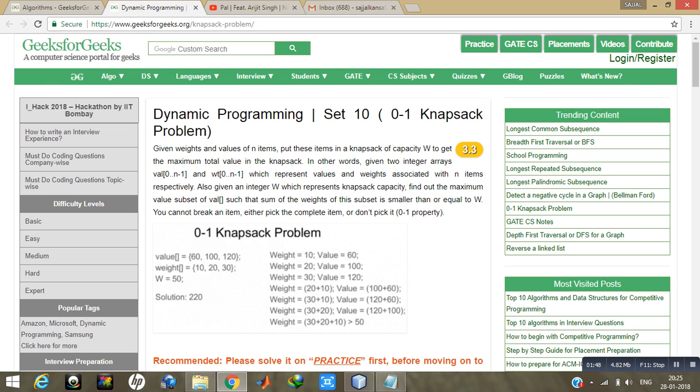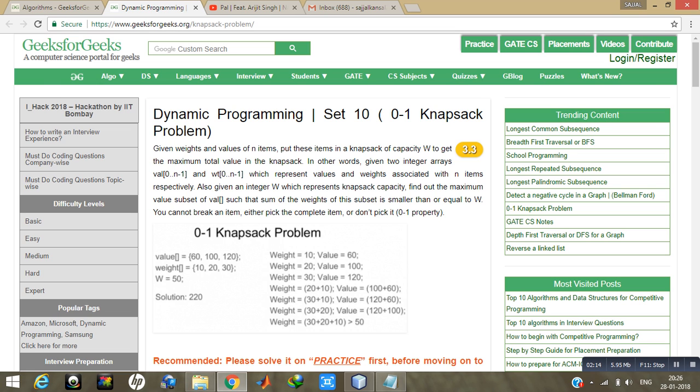We are given the values as well. So the problem is we need to find the maximum sum of values which can be fit in the bigger bag, or the knapsack.